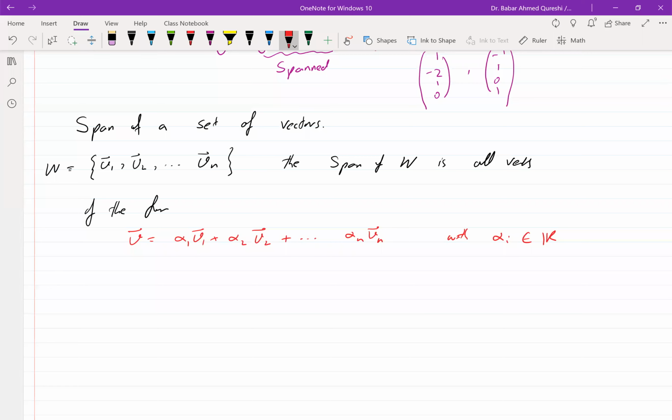Consider all linear combinations. Multiply these vectors with all possible numbers and add. That set would be the span of your W.